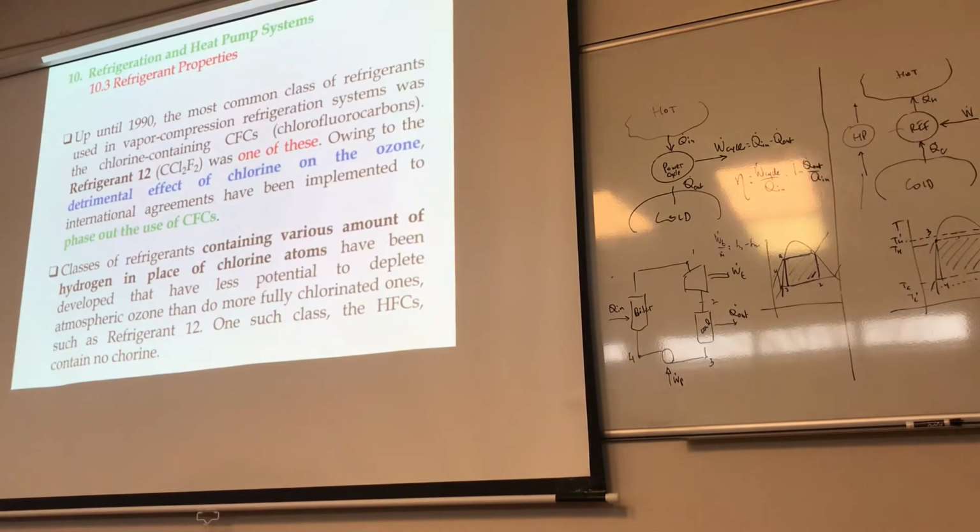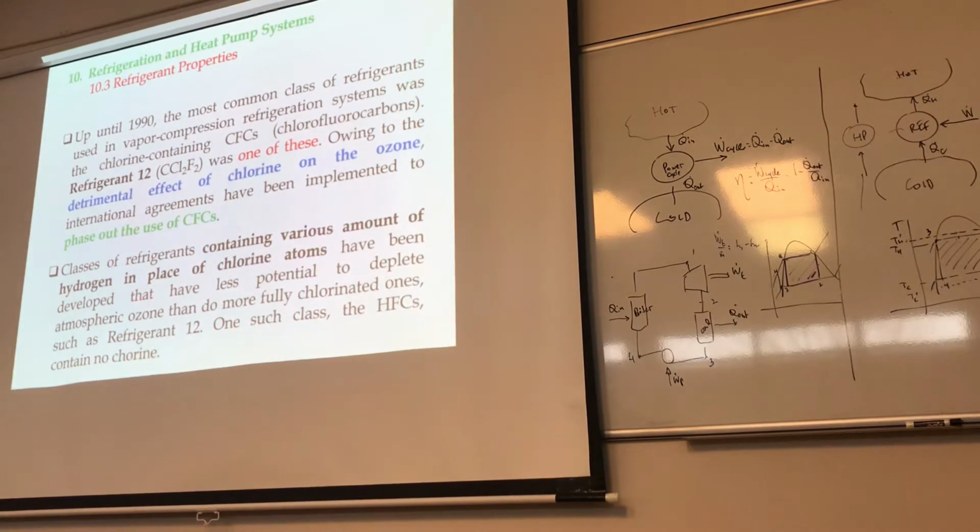So instead of CFCs, they were using HFCs, hydrofluorocarbons, classes of refrigerant containing various amounts of hydrogen. They wanted to replace the chlorine atoms with hydrogen, removing as much chlorine as possible, if not all of it.